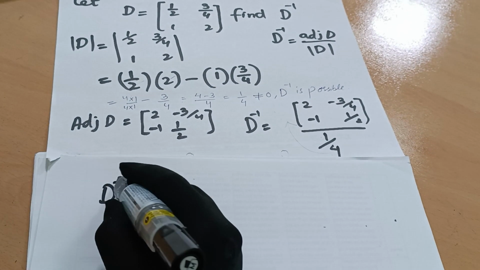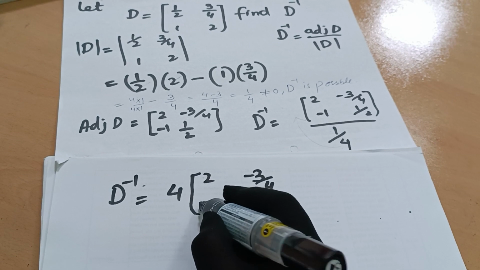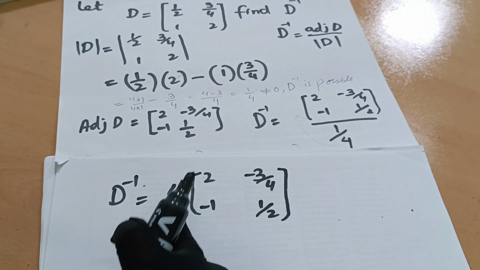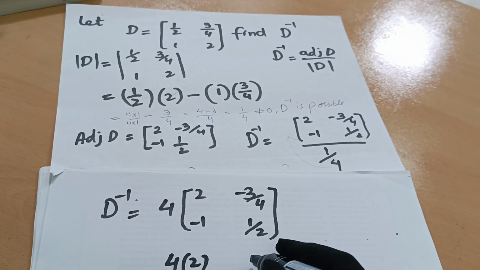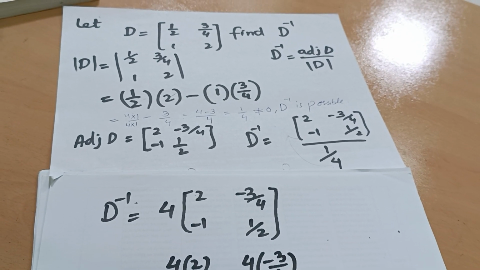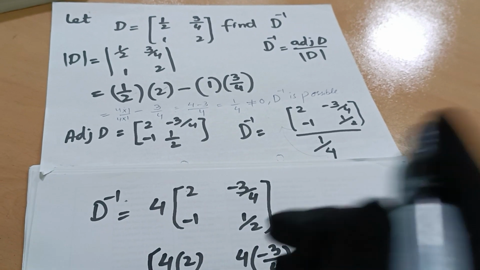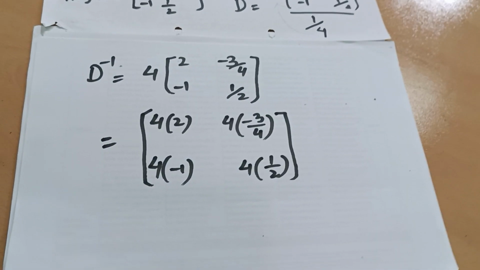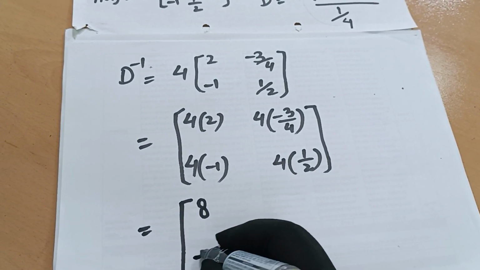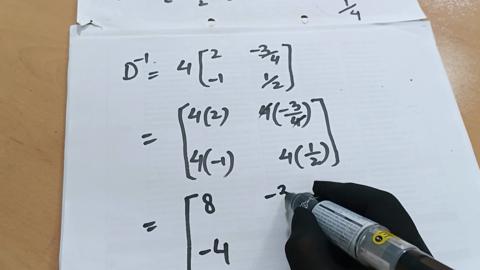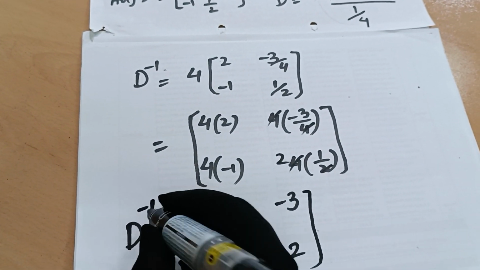D inverse will become 4 multiplied with the matrix 2, minus 3 by 4, minus 1, 1 by 2. 4 is like a scalar number, so we will multiply it to each entry of this matrix: 4 times 2, 4 times minus 3 by 4, 4 times minus 1, 4 times 1 by 2. 4 times 2 becomes 8, 4 times minus 1 is minus 4, 4 and 4 cancel, minus 3, 2 times 4, 2 ones are 2. So this is the final answer for the D inverse.